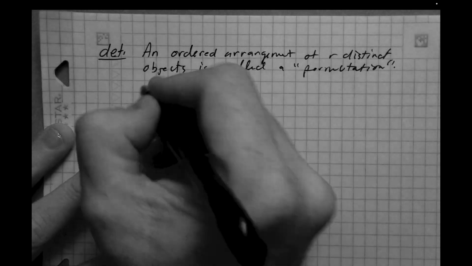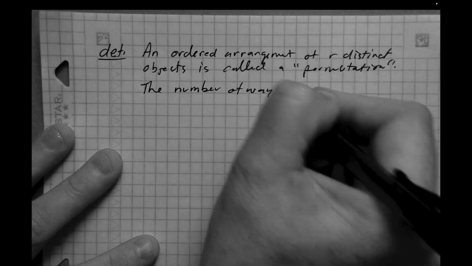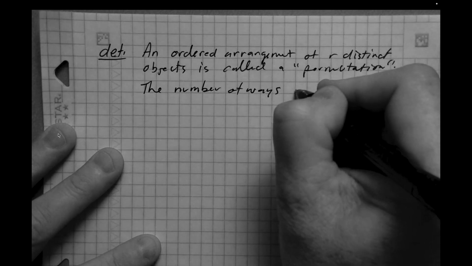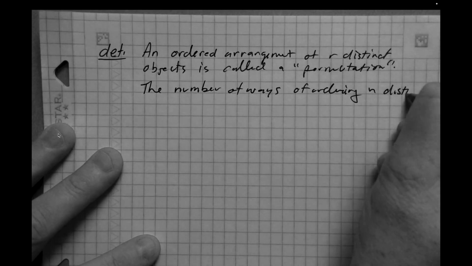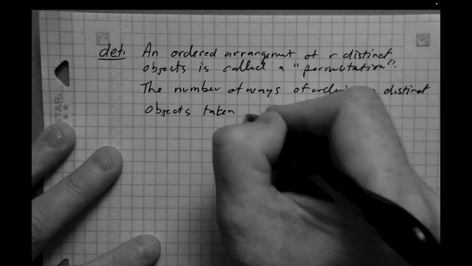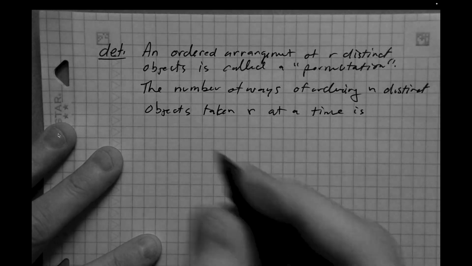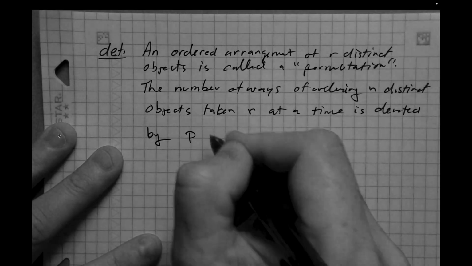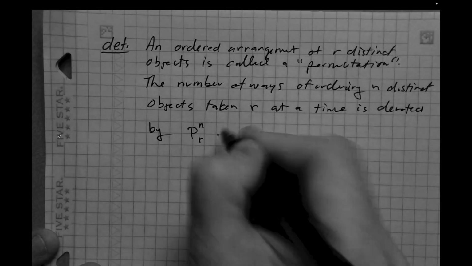Okay. And we'll say the number of ways of ordering n distinct objects taken r at a time is denoted by P(n,r). Okay, so this is the notation we'll use.